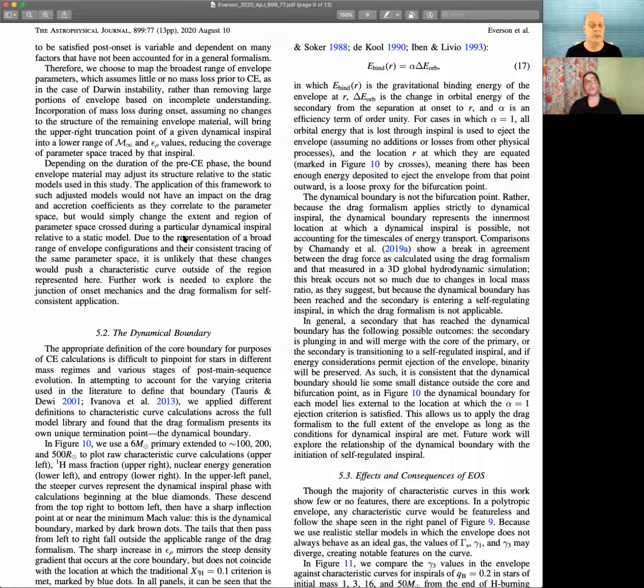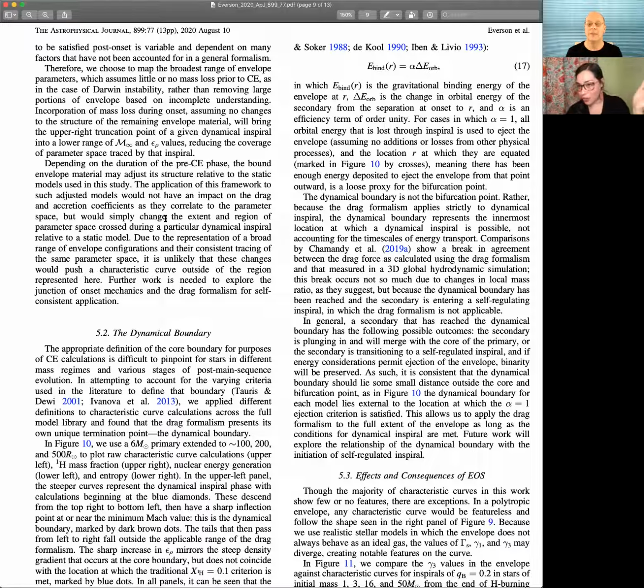The wind tunnel formalism was developed specifically for the dynamical inspiral. So any attempts to use results from those simulations in self-regulated inspiral naturally don't work. You can see this a little bit in Luc Charmandy's paper from last year that did that comparison. You can see where the dynamical inspiral ends, and then this regulation starts to occur, and the coefficients don't match what he measured.